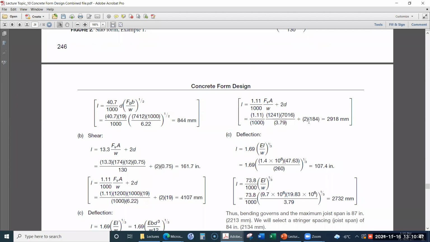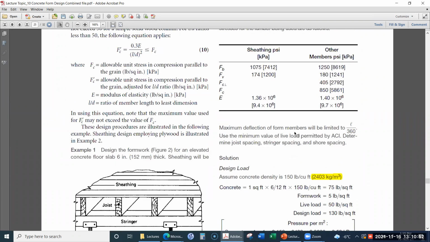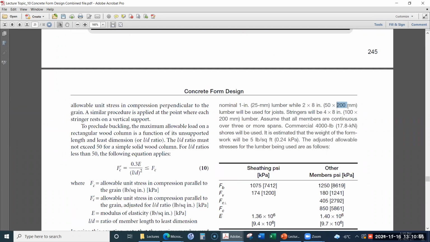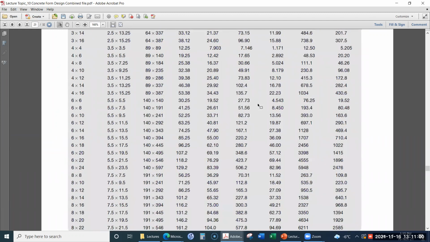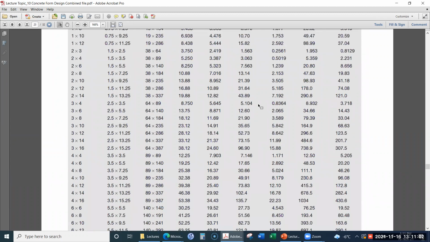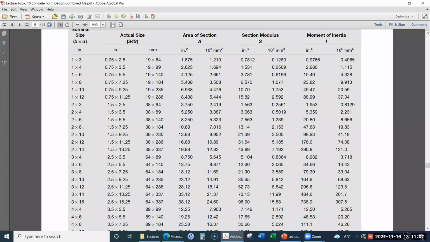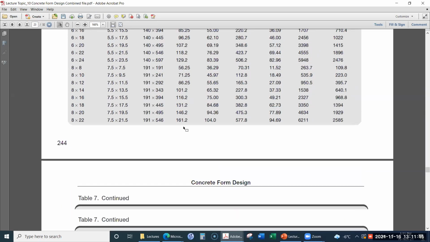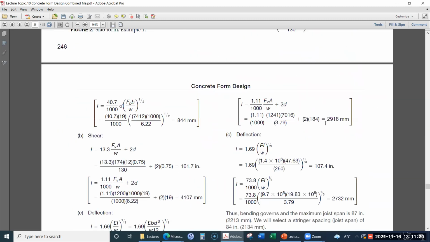It is actually a 200 millimeter section, right? But that is the nominal. For this 2 by 8, the actual size is 38 by 184. So we will use this 184, not 200 millimeter. So it is 2918 millimeter.